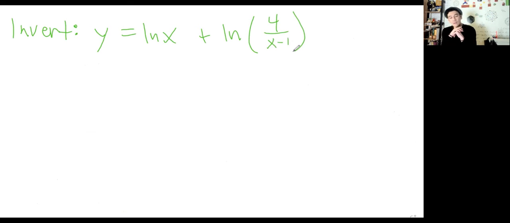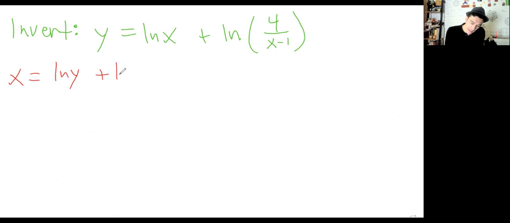There it is. So we want to find the inverse. So we know that we have to switch x and y. So x would equal ln of y plus ln of 4 over y minus 1.